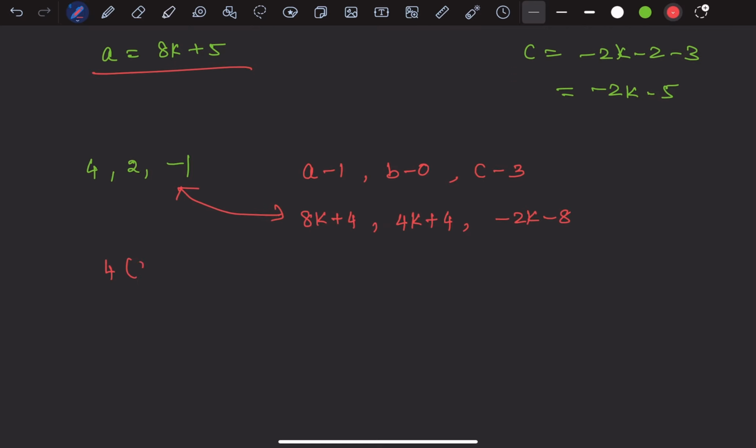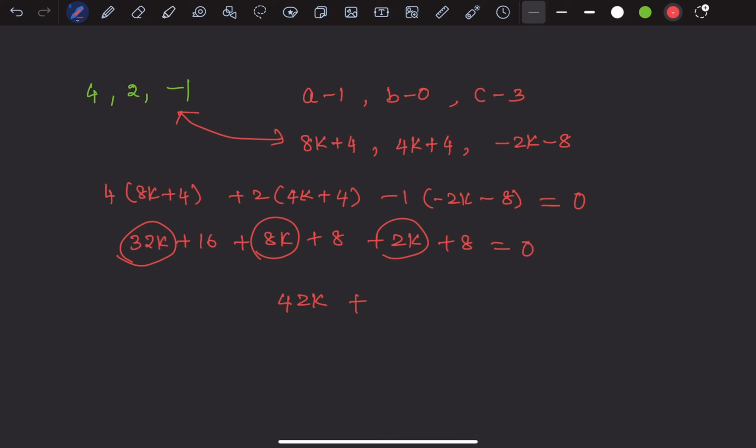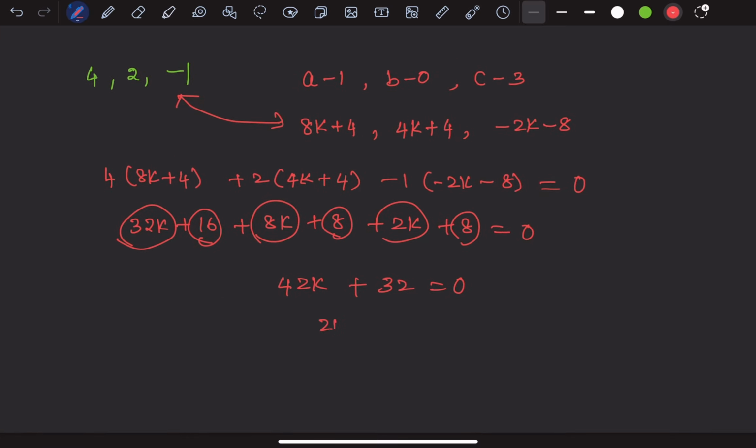So 4 into 8k plus 4 plus 2 into 4k plus 4 minus 1 into minus 2k plus minus 8 should be 0. So this is 32k plus 16 plus 8k plus 8 plus 2k plus 8 is equal to 0. 32k plus 8k is 40k plus 2k is 42k plus 16 plus 8 plus 8 is 32. So this is simply 21k plus 16 is equal to 0. This gives you k is equals to minus 16 by 21.